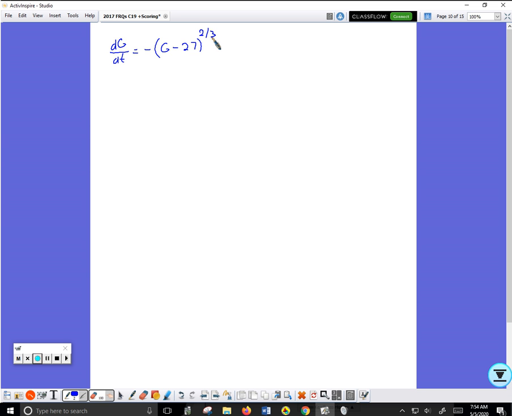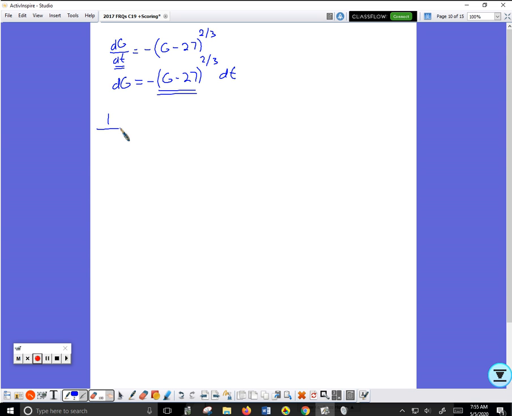Cool. All right, so first step is to separate, which means the very first thing I do is always multiply both sides by dt. Now I will divide both sides by this thing. So you get 1 over.